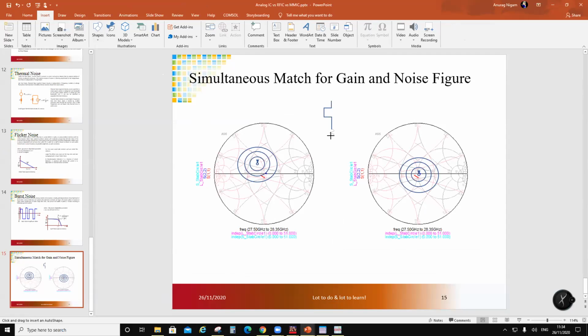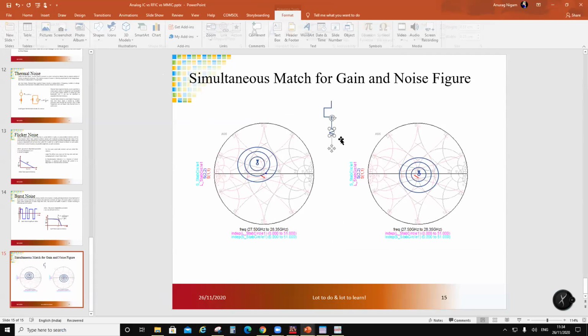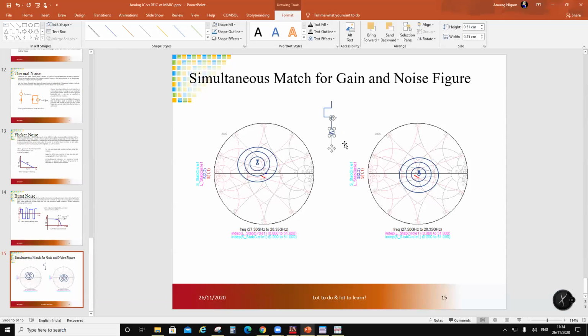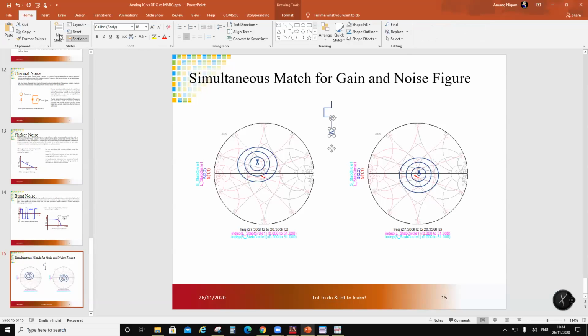Well, it doesn't look like an inductor, but I could have made this look like an inductor.